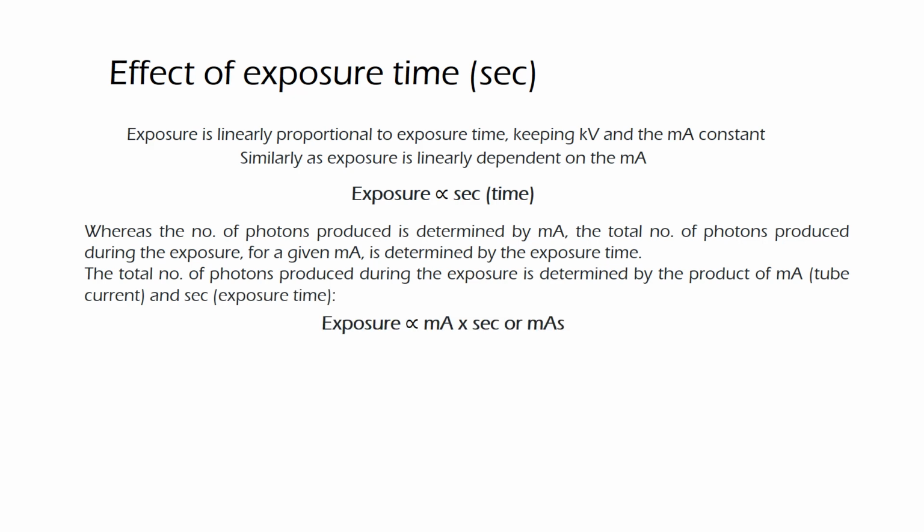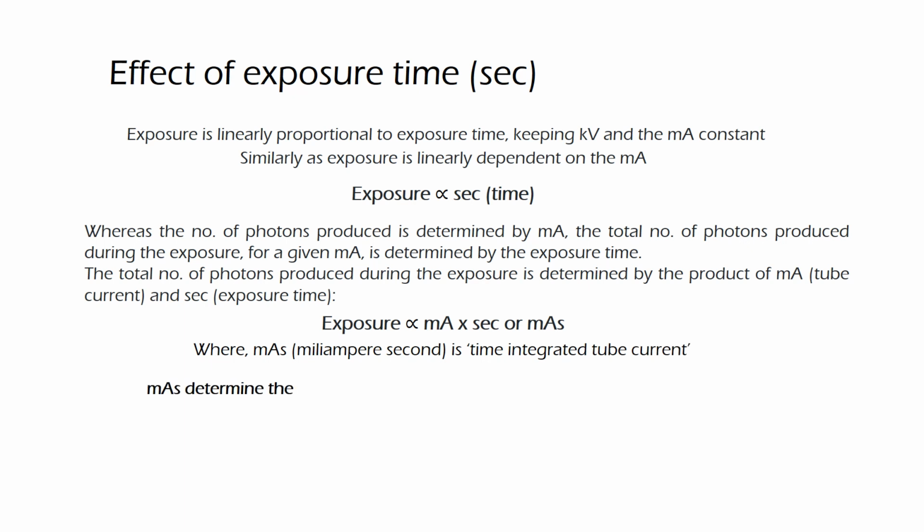Exposure is directly proportional to the product of MA and seconds, or MAS as it is called, where MAS, that is milliampere second, is time integrated tube current. MAS determines the total number of photons produced within the exposure time.